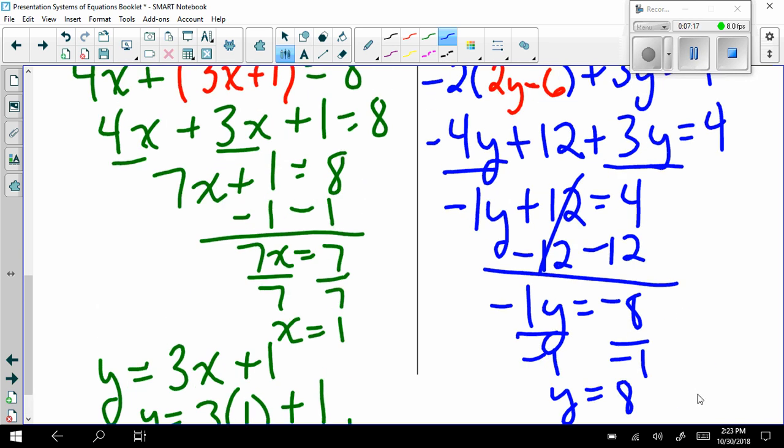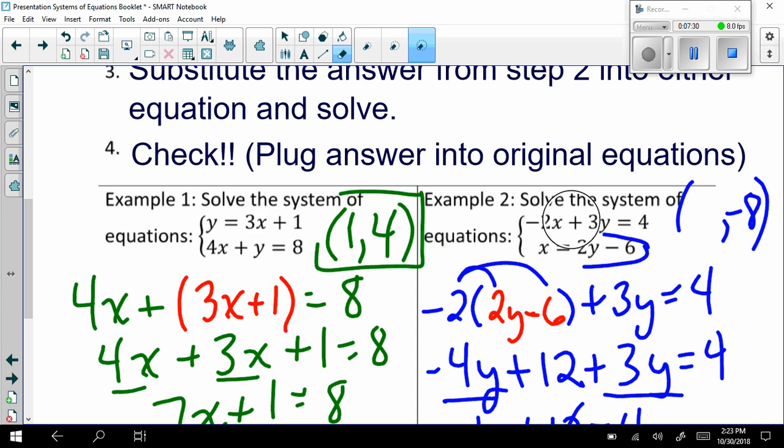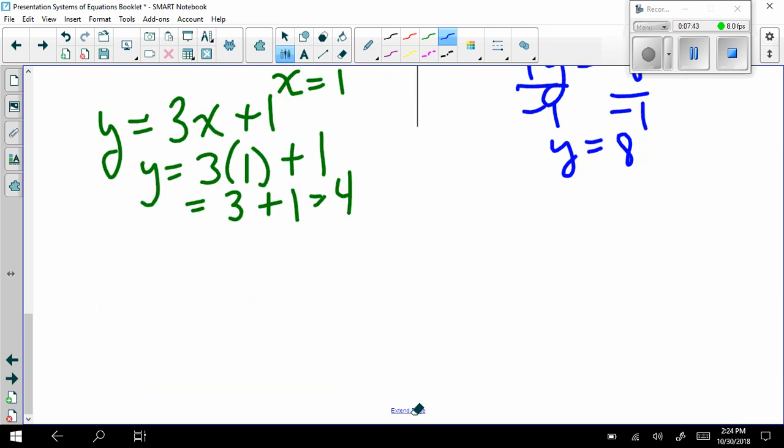So again, at this point, I have half of my answer. In this case, I've got the y. I know it's the y because it says y equals. To get x, I'm going to come back to this equation where I'm solved for x already. x equals 2y minus 6.